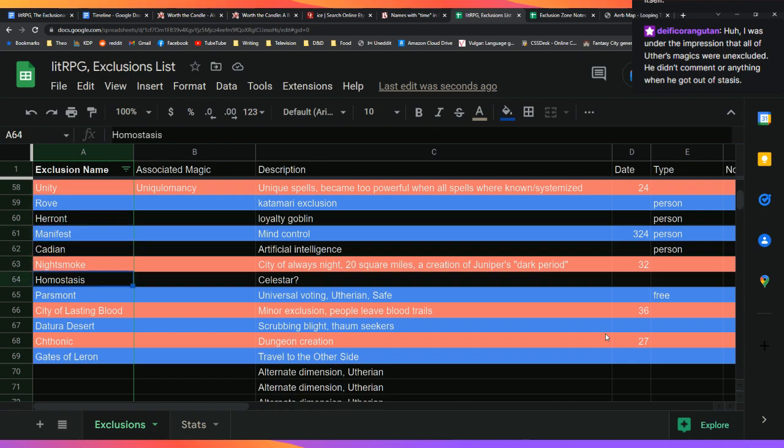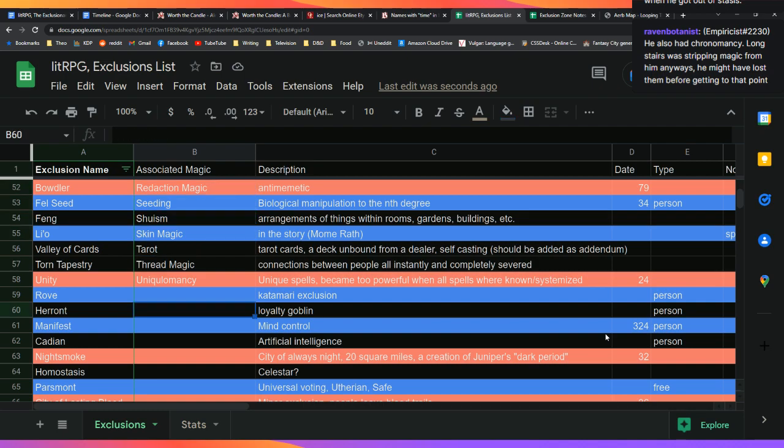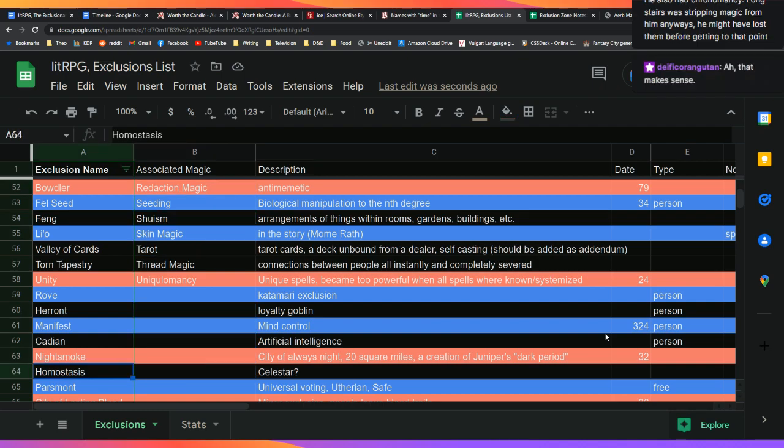Oh, it was pointed out that homostasis is a magic and it's an exclusion zone. I believe that this is not a duplicate. I believe there's an associated magic called homostasis, which is the Laloni or whatever it is, exclusion zone. And then there's an exclusion that's named the homostasis, which is a different thing.